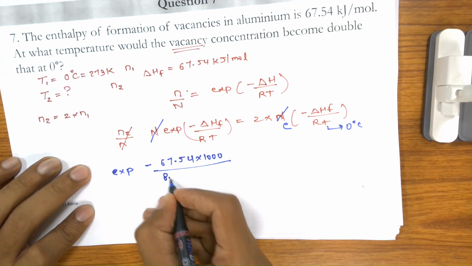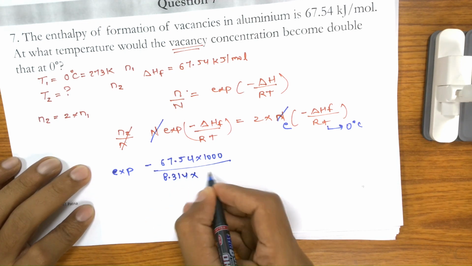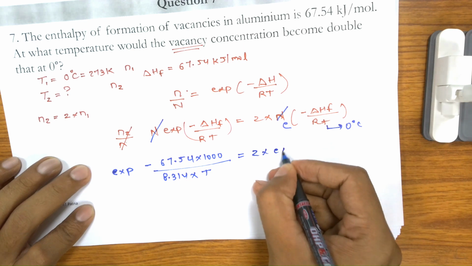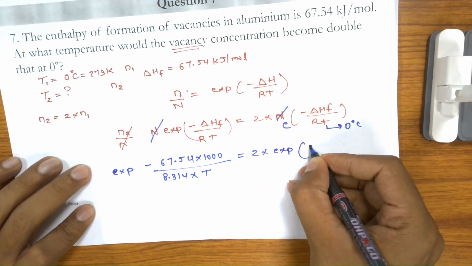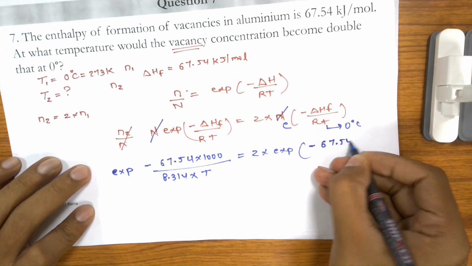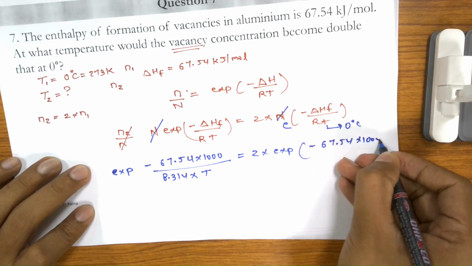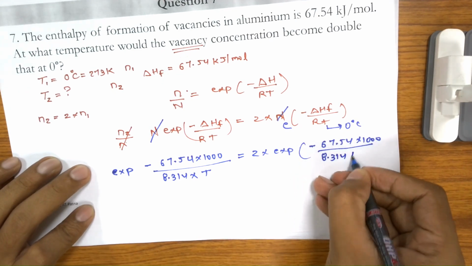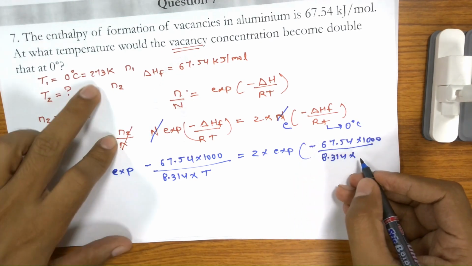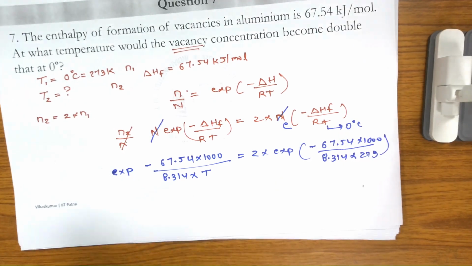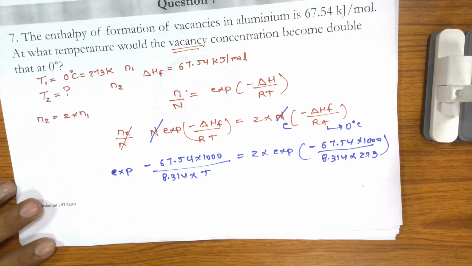R I can write 8.314 multiplied by T, which is missing to us, equal to 2 times exponential of minus again 67.54 multiplied by 1000, the whole divided by 8.314 multiplied by temperature 273. So now all we need to do is solve this equation.